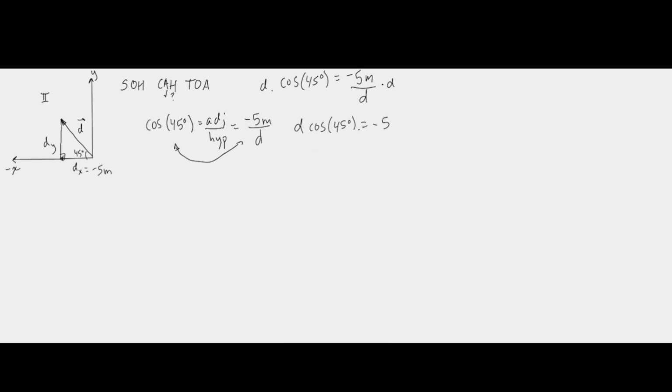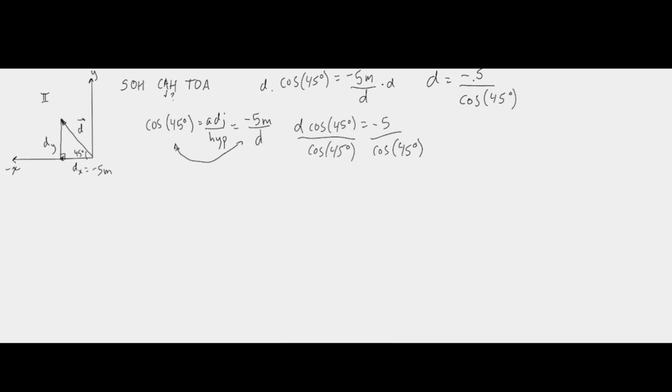And then the cosine of 45 degrees is just a number, so I can divide both sides by cosine of 45 degrees. And I'm left with d equals -5 divided by the cosine of 45 degrees.